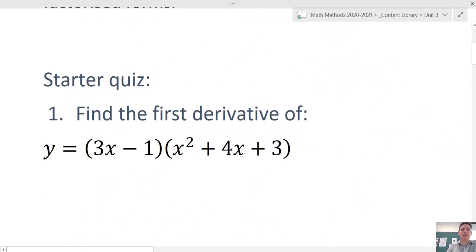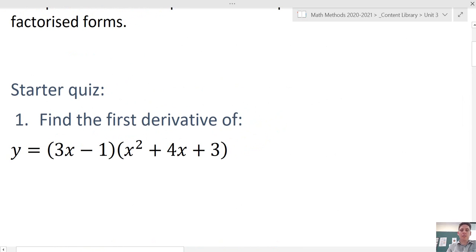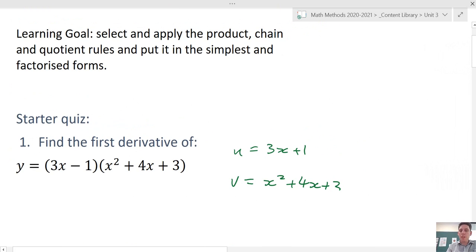So let's do that. First step, u is equal to the first bit, v is equal to the second bit. If you've done that, give yourself a tick. If you found the derivatives in terms of x, give yourself a tick.